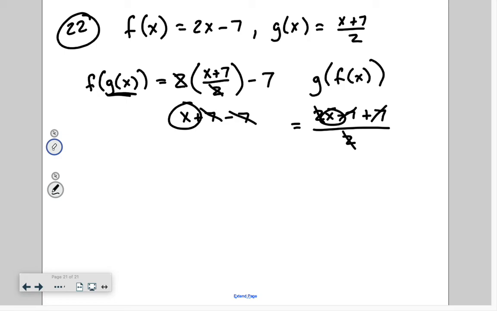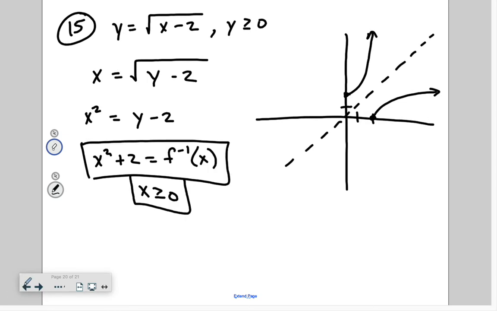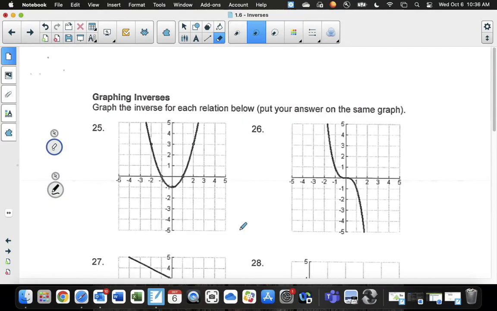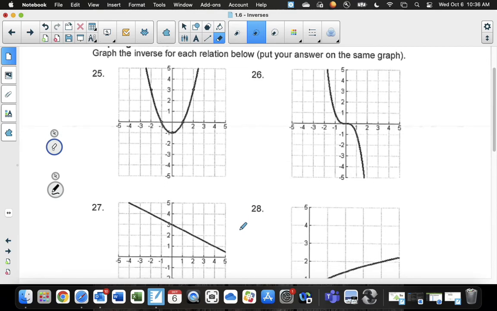Okay, now let's go to the back side. Let's go to the graphs here real quickly. And then if you have any other questions, we'll come back. I'm going to just do 25 and 26, and I'll show you kind of one main way of doing it that I think will be the easiest for you, and then we'll go from there.